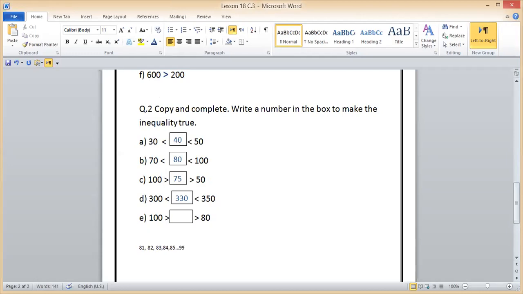You can write any number from 81 to 99 here. Let's suppose I write 85 here. 85 is bigger than 80, and yes, 85 is smaller than 100. So I'm going to write here 90.